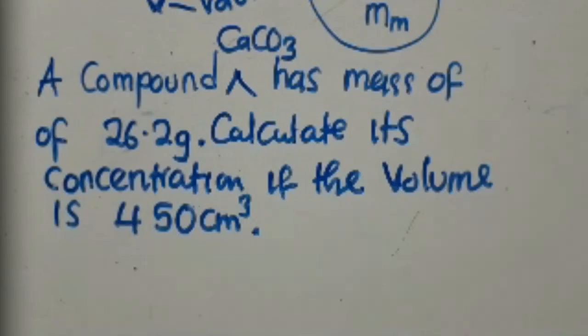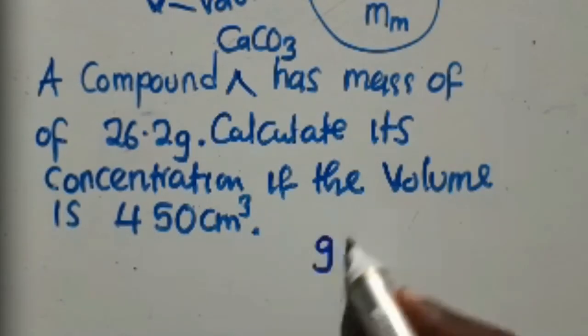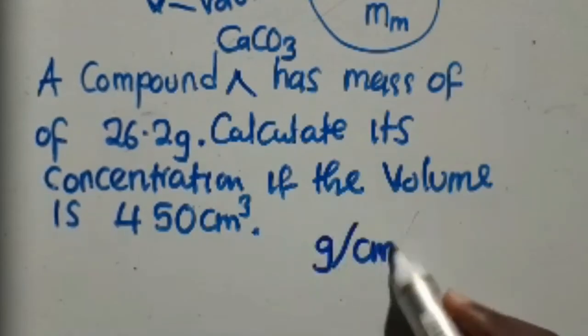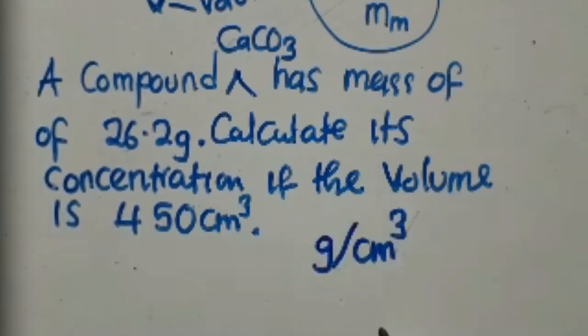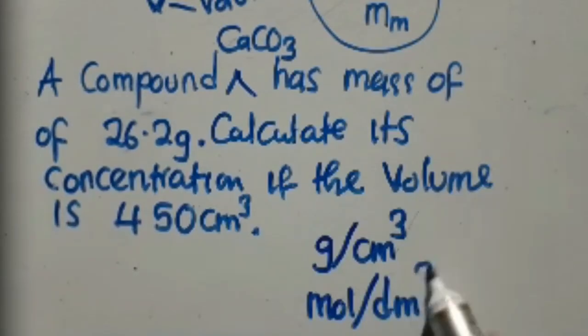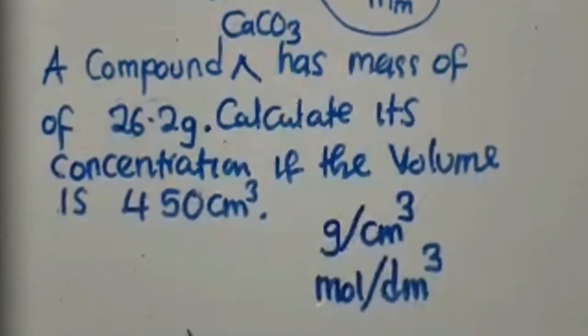I said that concentration can have units like grams per centimeters cubed. It can also have moles per decimeter cubed, like this. This is what I said, if you remember very well.